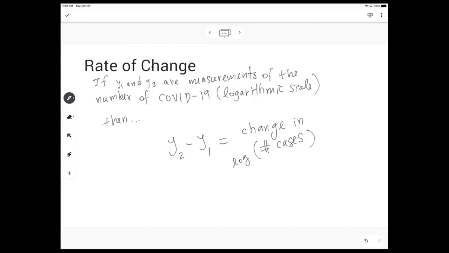But you could think of it still as a transformation of the number of cases, and this is really telling you that this is measuring change.